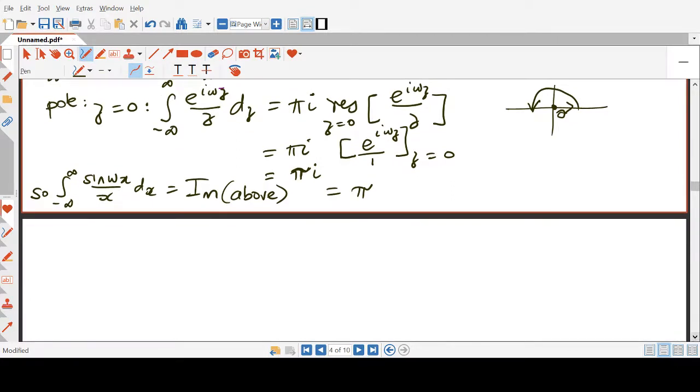What can you say about sine? That's odd. X, that's odd. Odd over odd. What can you say about odd over odd? Like x to the 7 over x to the power 3. It's x to the 4, so it's going to be even. So sine x over x, which we call sinc x, is even.